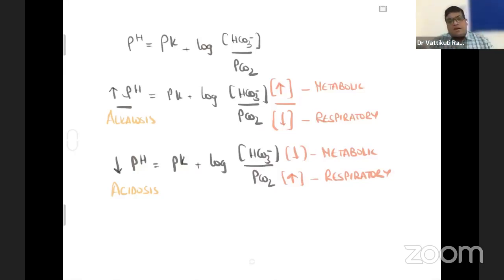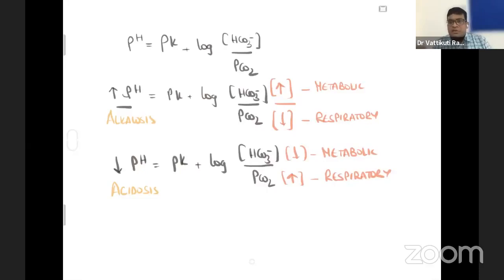As we have seen, any condition which increases the pH is called alkalosis. So alkalosis can happen because of two reasons. Either the bicarbonate, which is the numerator, goes up, which is the metabolic component, called metabolic alkalosis. The other is the respiratory component, where the PCO2 is washed out and goes low, because of which the pH increases.